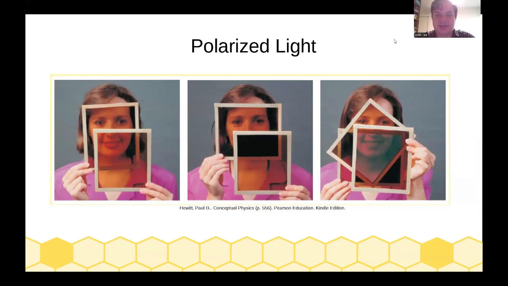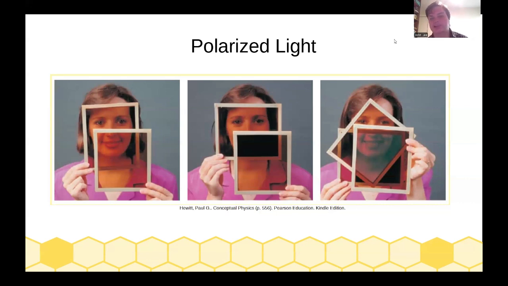What is interesting to note is that if you introduce a third polarizer, which is at some angle in between the two polarizers that are perpendicular to each other, then what will actually happen is that some of the light that goes through the first polarizer, the vertical polarizer, is going to go through the second polarizer and it's going to be polarized at an angle.